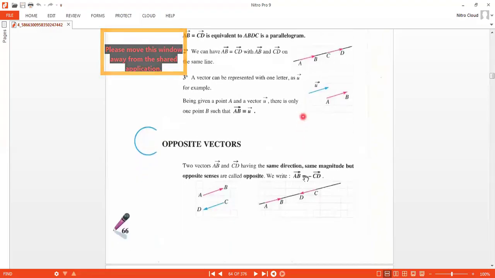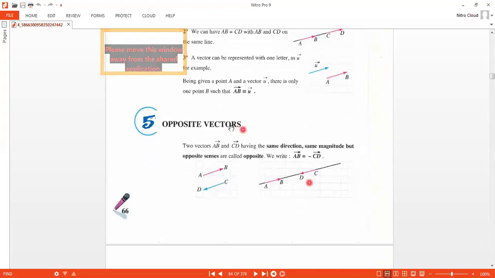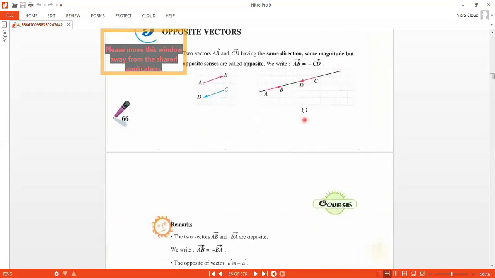And also we have explained already the meaning of opposite vectors, and we said that opposite vectors are vectors that have the same direction, the same magnitude, but opposite senses. So vector AB equals minus CD. What's the meaning of this minus? It means they have opposite sense, though they have the same direction, the same line of action, and the same magnitude. Those two opposite vectors could be parallel, as you can see, or they could be on the same line, as in this case.